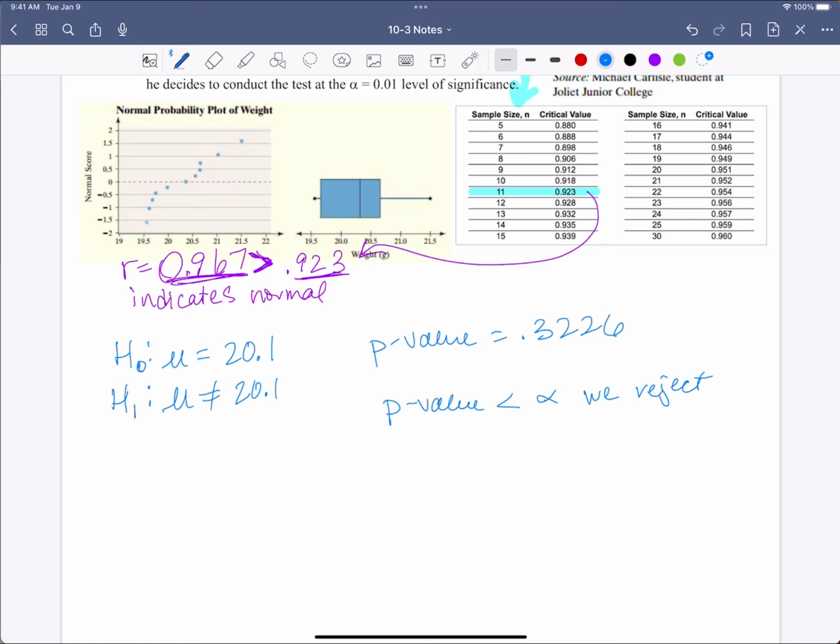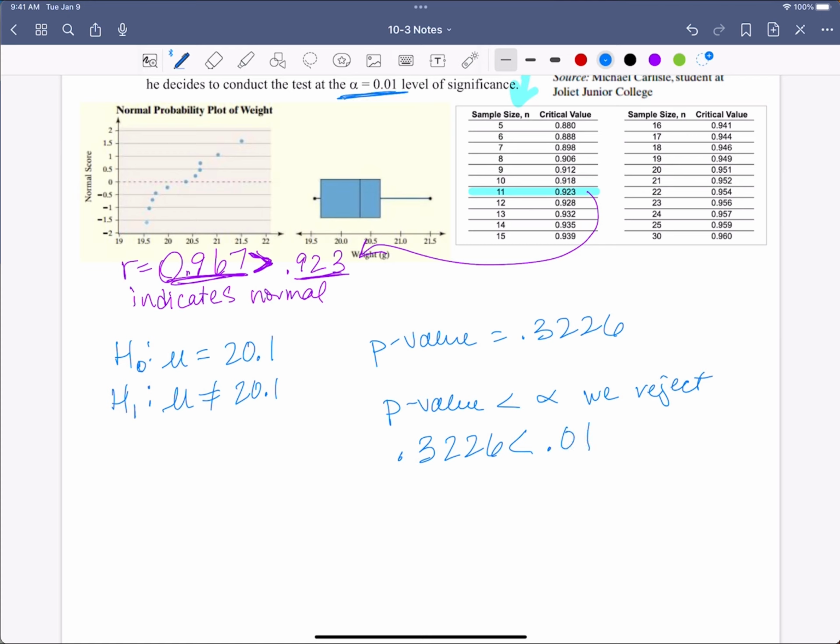So here I'm looking at my p-value, 0.3226.